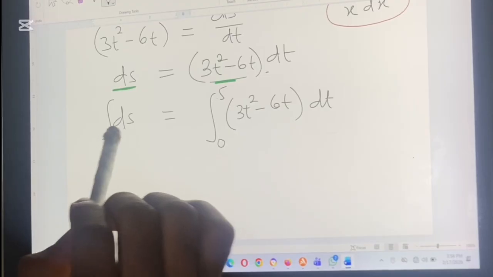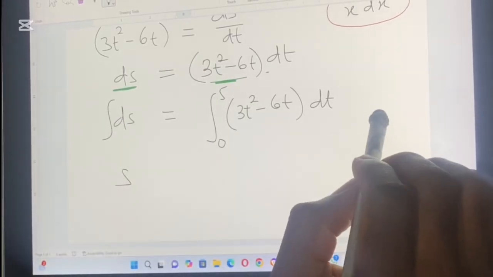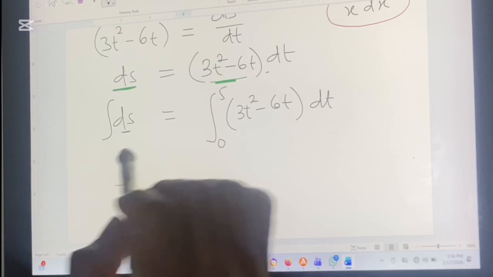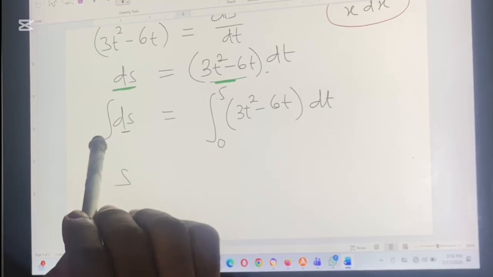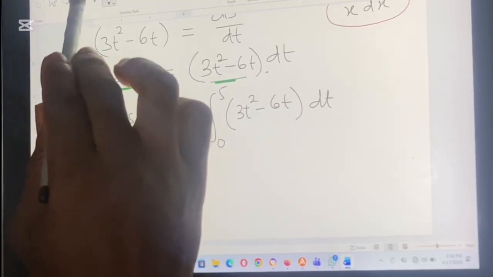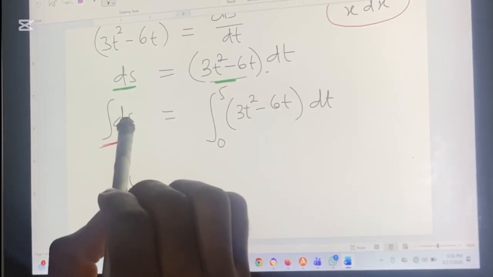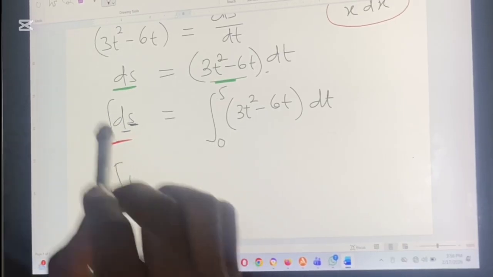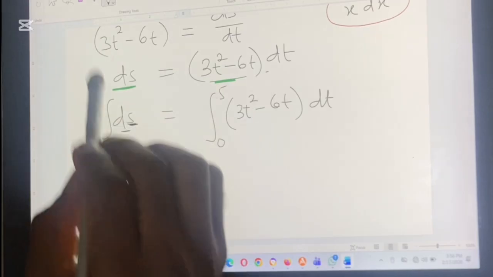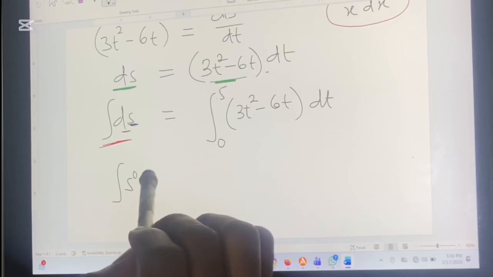So now let's integrate here. If you integrate only this, it is going to be s. The reason is this can also be expressed as integral of s raised to the power of 0 ds.